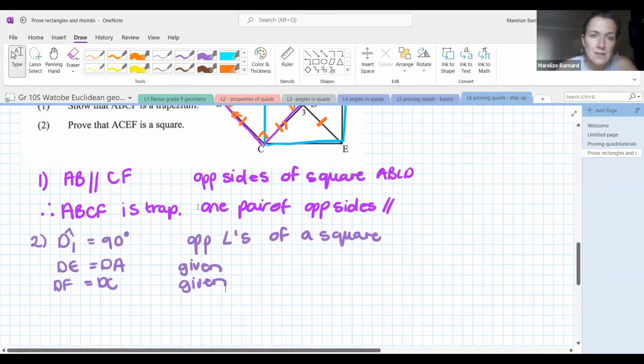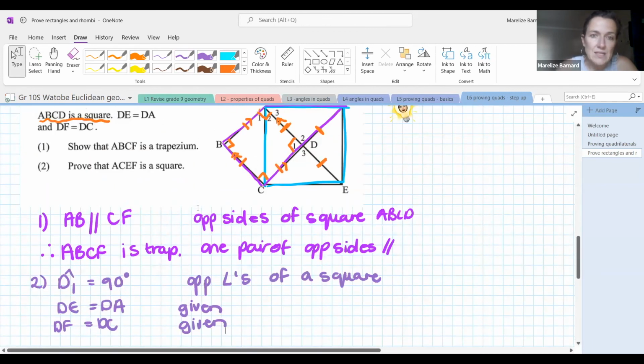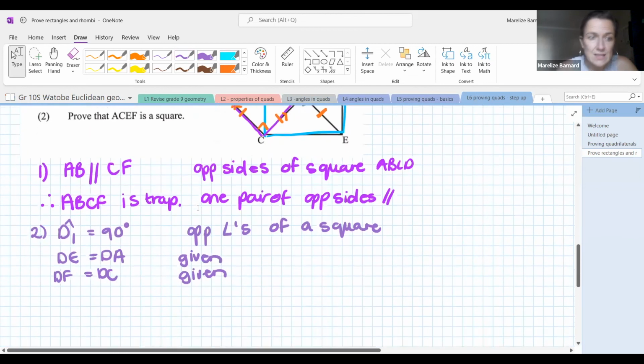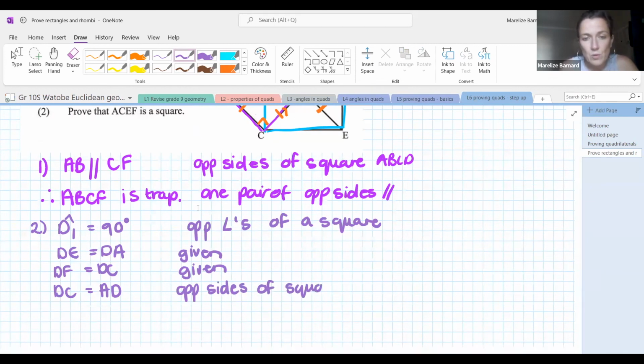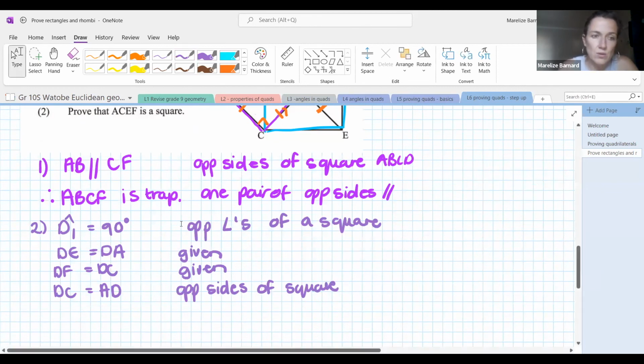But DC is equal to AD. That's because of the opposite sides of a square. So what we actually get is that all these sides are equal.